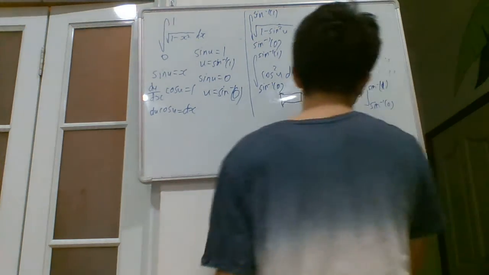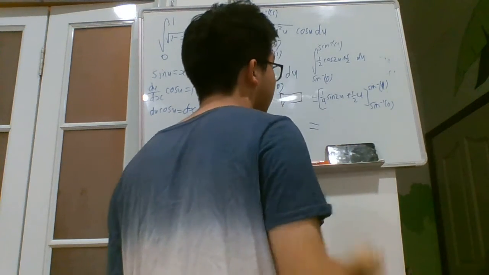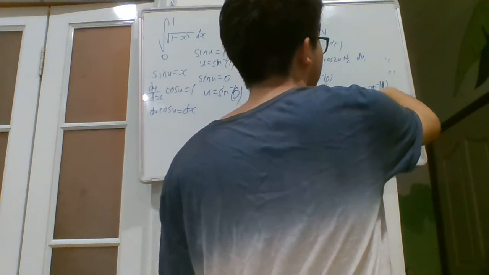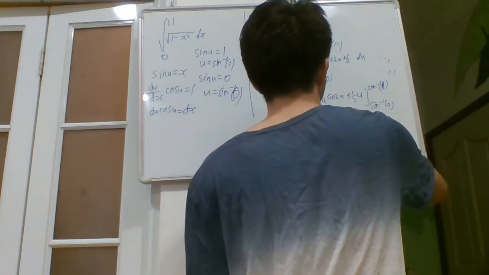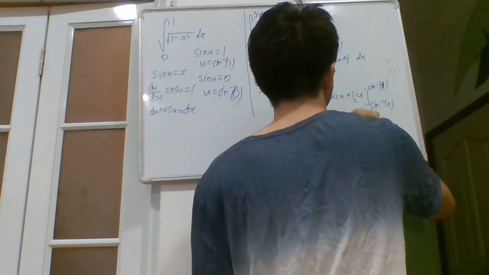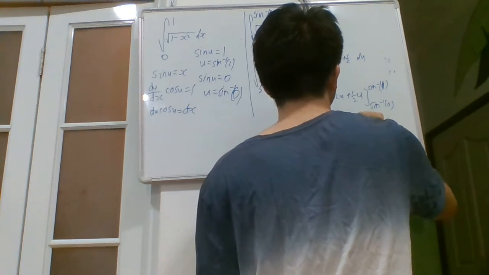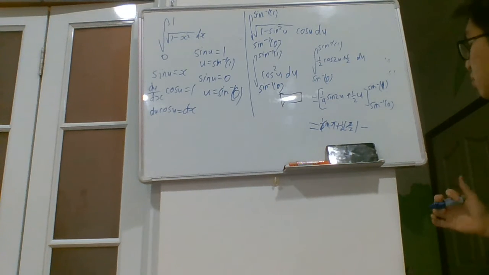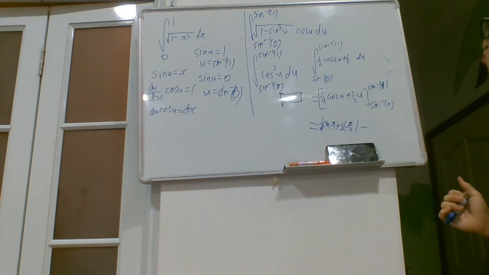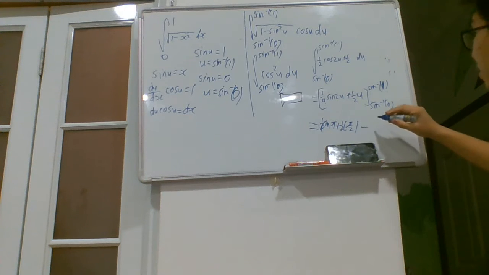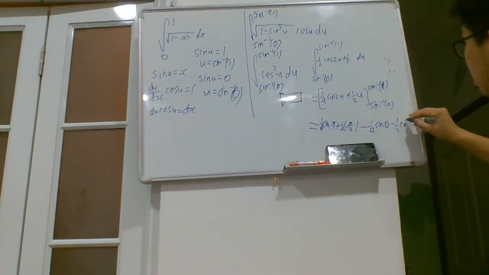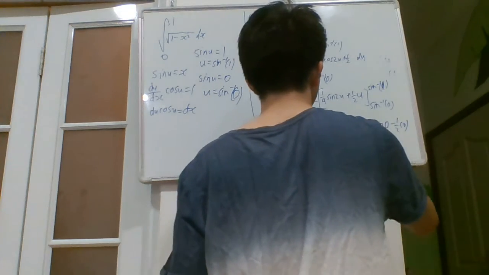And if you do some substitution and all that, sine inverse 1 will be pi over 2, so it will be half sine pi plus half pi over 2 minus, my bad, this will be 0, so your answer will be pi over 4.